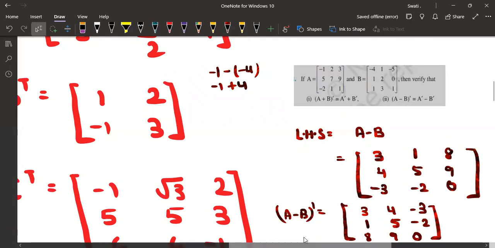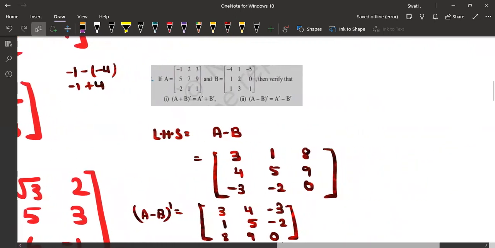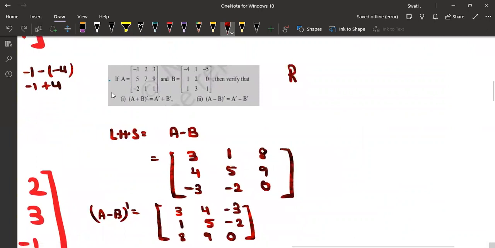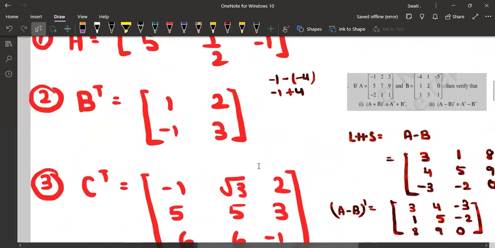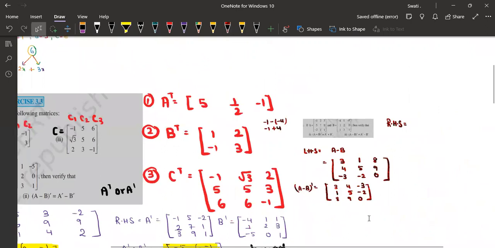Okay. Now let's figure out what we'll get on the right hand side. For that, we need to find out A transpose minus B transpose, right? We'd already found A transpose and B transpose on the other side. So we can quickly find out A transpose minus B transpose here.